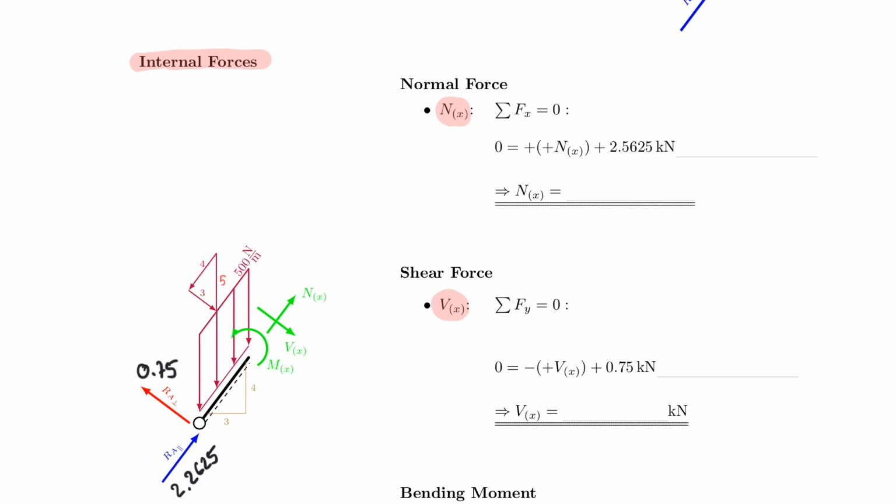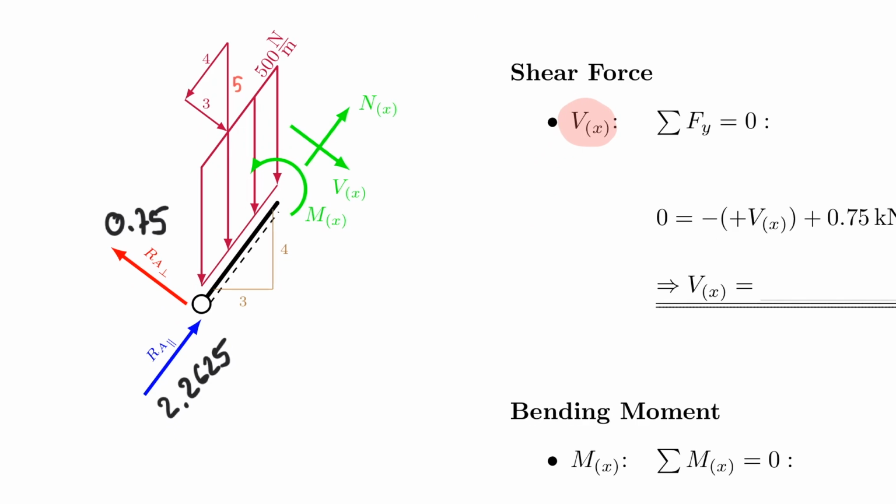And how do I do that now? I guess it's easiest to have the 500 Newton per meter multiplied by x meters, because keep in mind that x is running in this direction. So this is where x is running now.